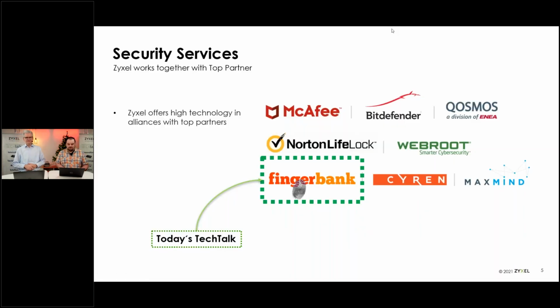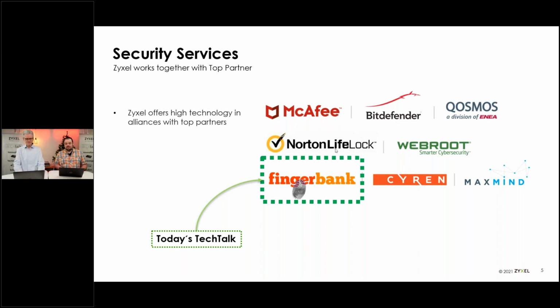Yes. Here we have a few top vendors Zyxel is working with, and today our focus will be on Fingerbank. Fingerbank's vendor is integrated to use the Device Insight feature. But we have a lot more. We have Cyren, for example, for content filtering. We have MaxMind for the geo IP feature.